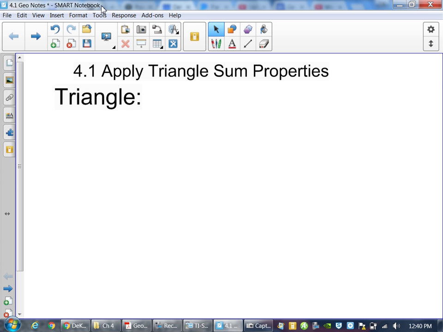What is a triangle? A three-sided something? What adds up to 180? Okay. So, real quick, just a quick thing to remind yourselves. A triangle is created by three non-collinear points.